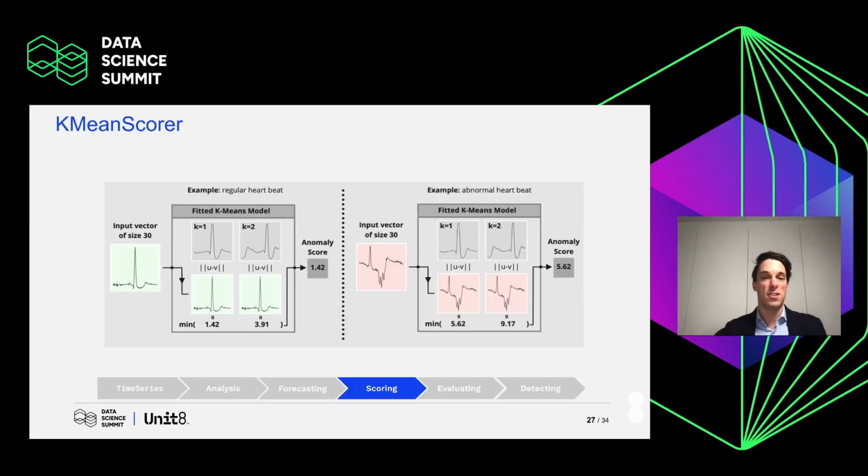However, if we try to assign an anomalous window to one of the clusters, because it was not part of the training, it is going to be at a significantly larger distance even from the closest cluster, and this is going to generate a much higher anomaly score. So this is how the k-mean scorer, using this windowing approach, generates the anomaly score for our anomalies.